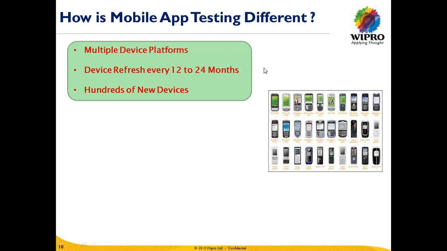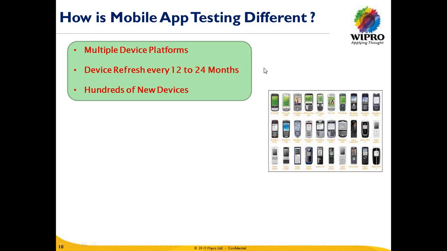The first part is that it has multiple device platforms. As I already told you, we have iOS, Android, Symbian, BlackBerry, so many device platforms. The devices refresh every 12 to 24 months. Previously we had iOS 6, now we have iOS 7.